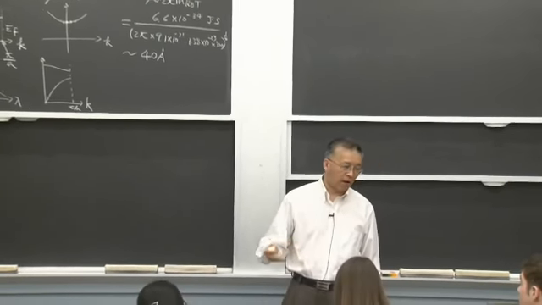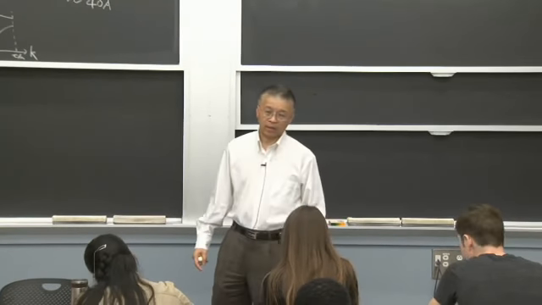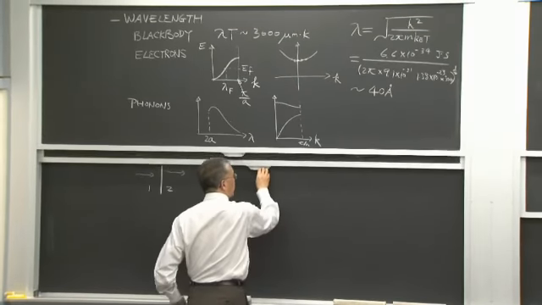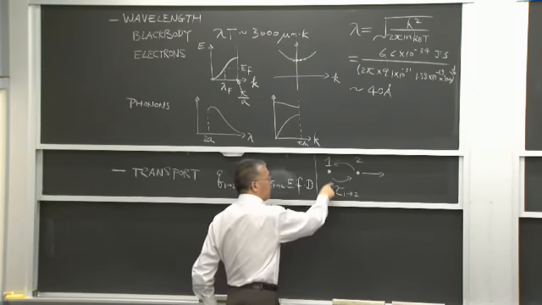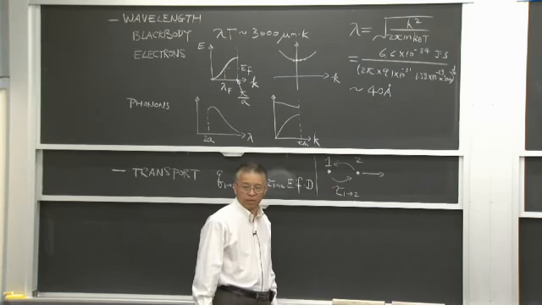How can I calculate how much is reflected and how much is transmitted? That's my first order of business, and that will give me the transmission from one side of the interface to the other.